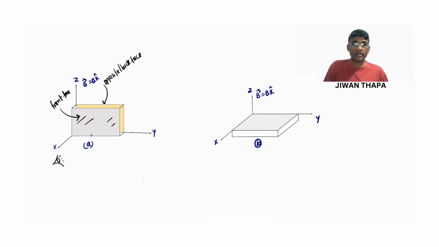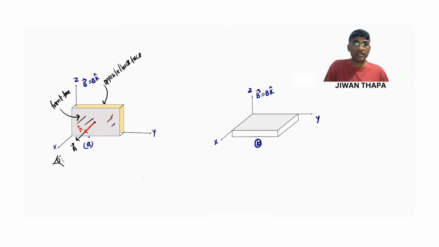And what we find, the area vector for this face is acting along positive x-axis. Clear? It means that the unit normal on this face is acting along positive x-axis.